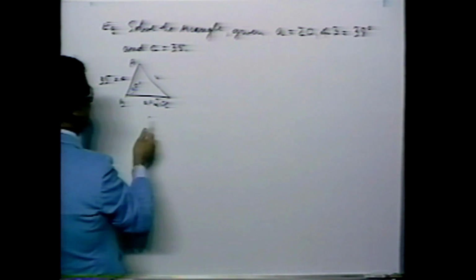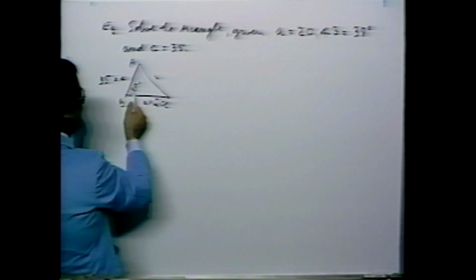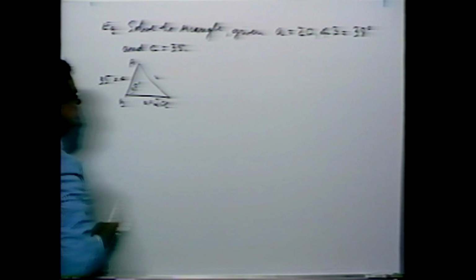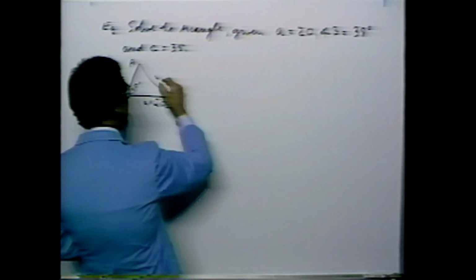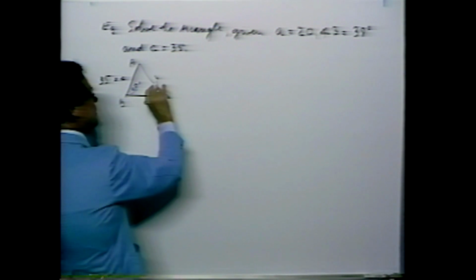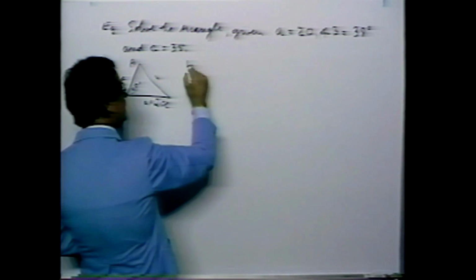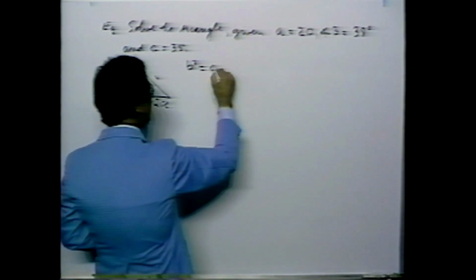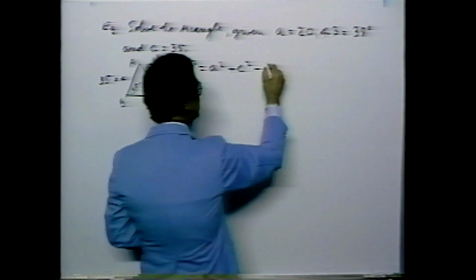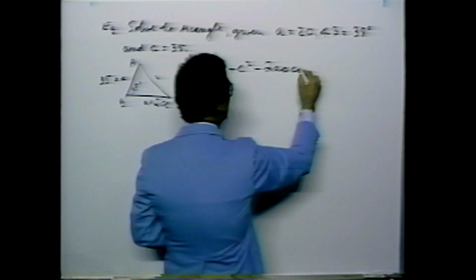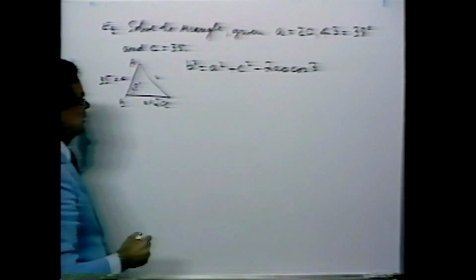We draw the diagram to ensure that the angle is in between the given sides, and it is. You can therefore use the cosine law in this case, and of course it'll be the solution for the side b. b squared equals a squared plus c squared minus 2ac cos B.